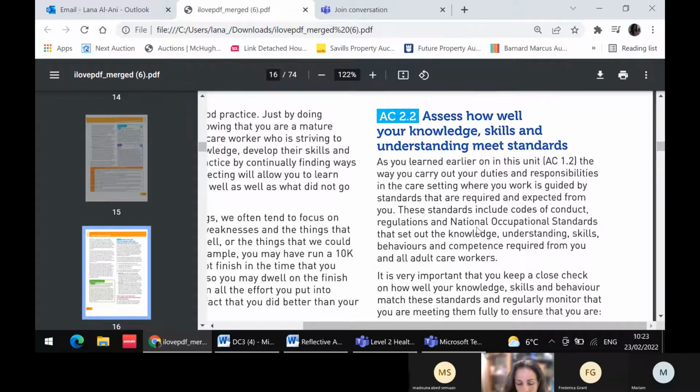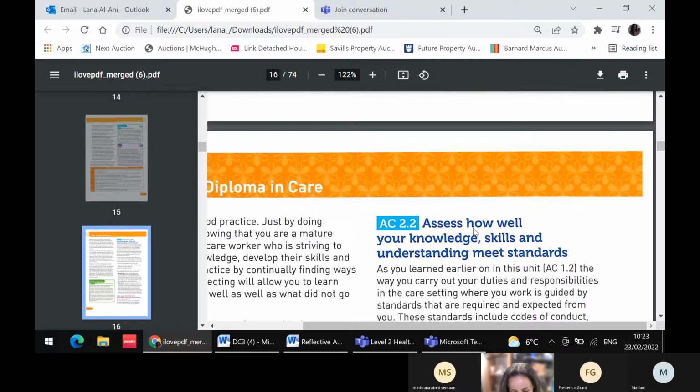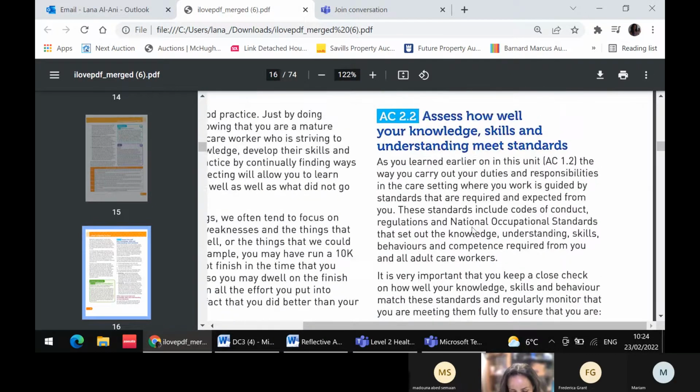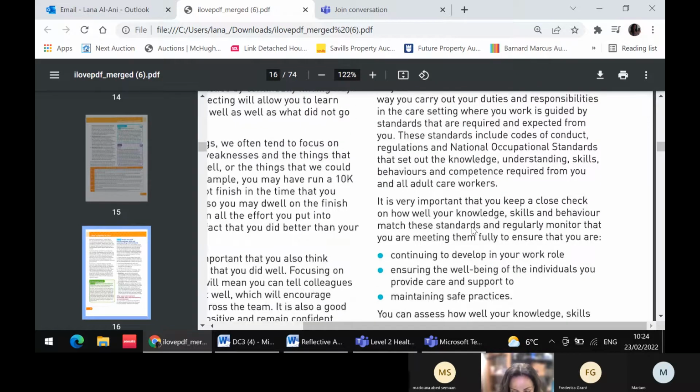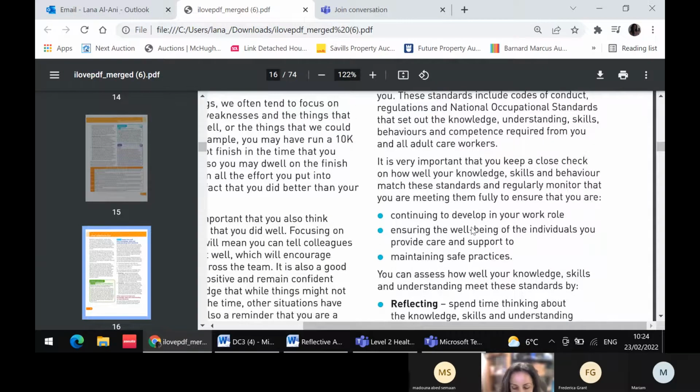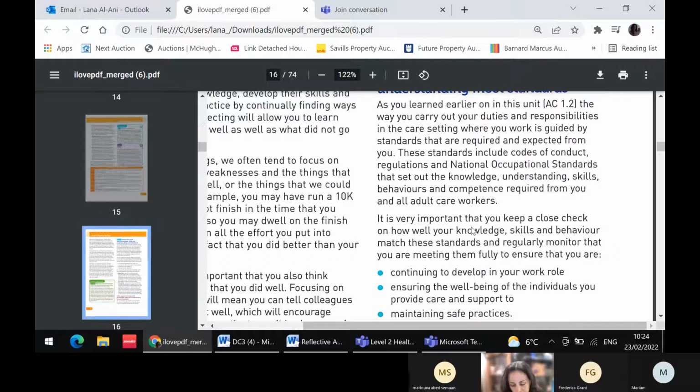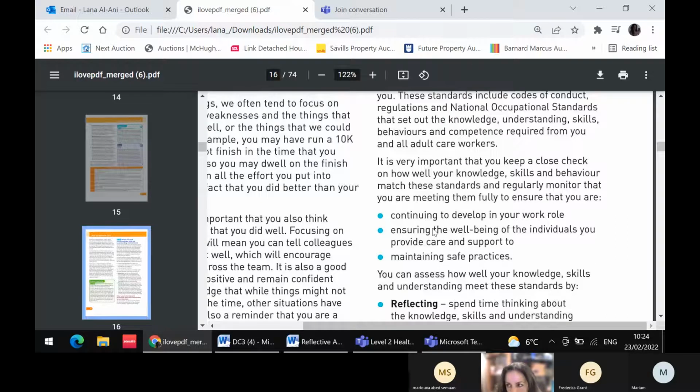So my duties are always, I follow the standards in doing my duties. And I'm learning a lot doing this course. The standards that I have are policy and procedure, and also the code of conduct and the national occupational standard. And for me, I always make sure of my continuous development through my work.